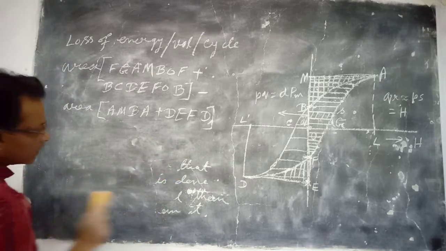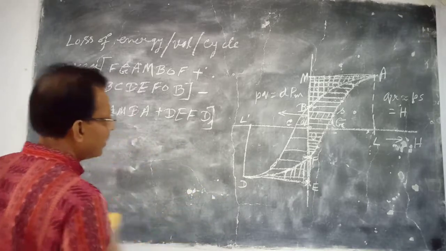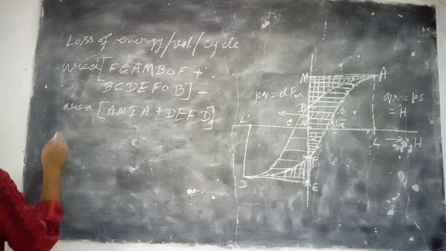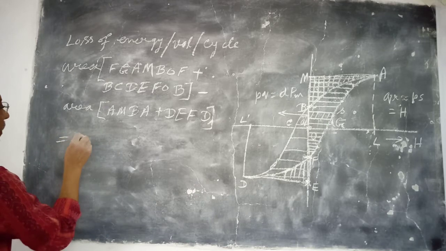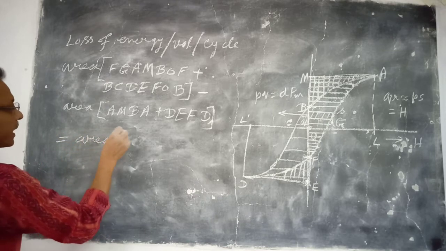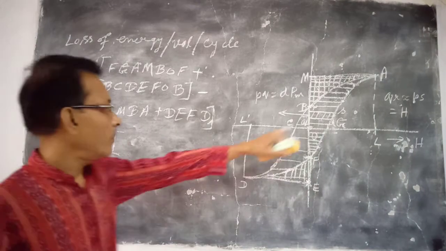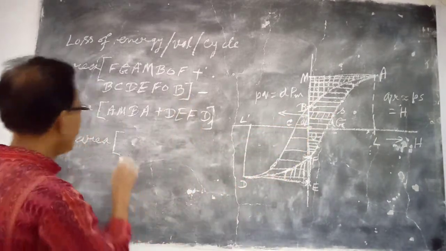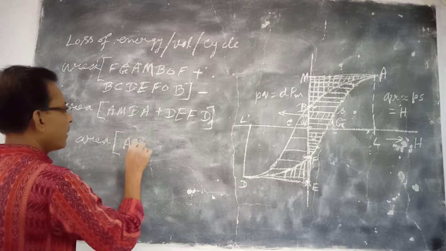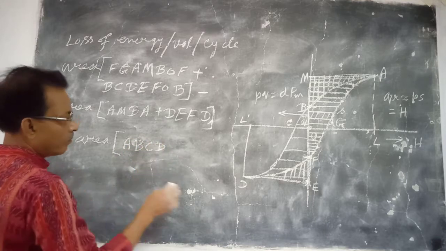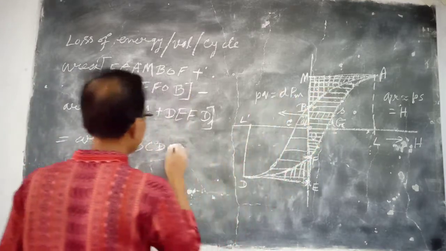Now, therefore, that is equal to the area, this one, ABCDFGA.